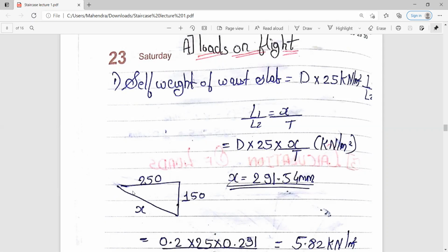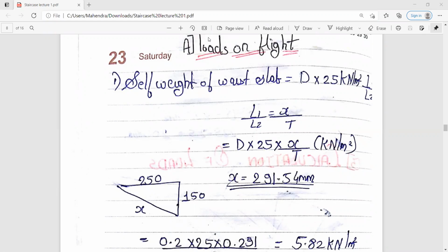And you need to calculate this x distance. So apply Pythagoras theorem and calculate the value for x. So after calculating the value of x by using the Pythagoras theorem, L1 by L2, why? Because it is the formula only. In formula only, they have mentioned you this is total formula, that is D into 25 into L1 by L2.